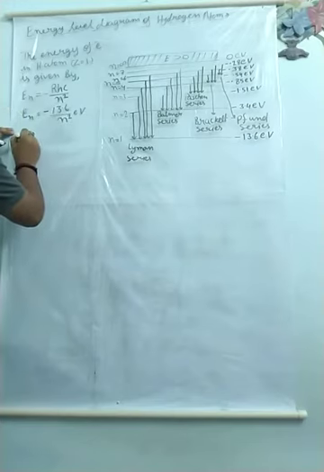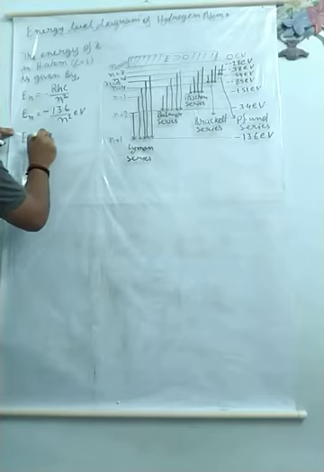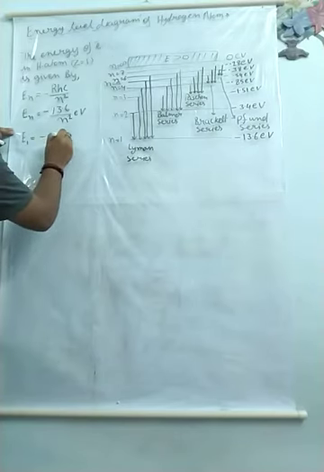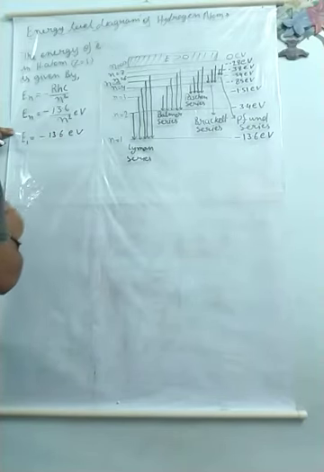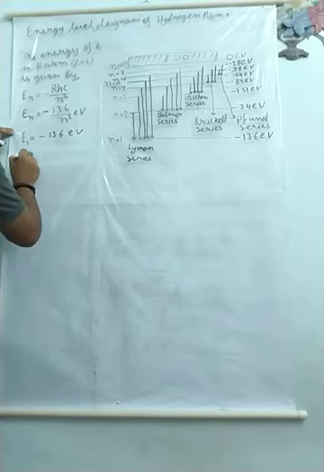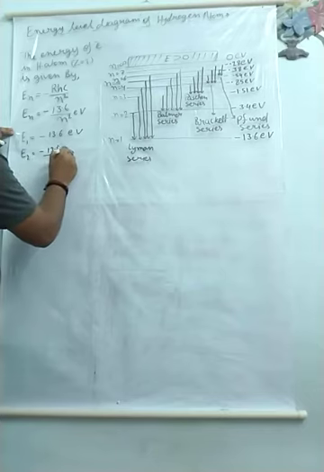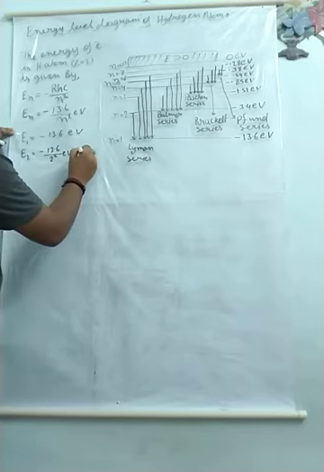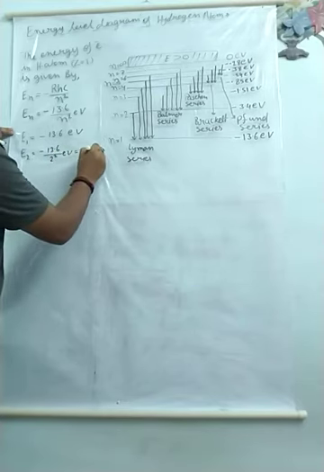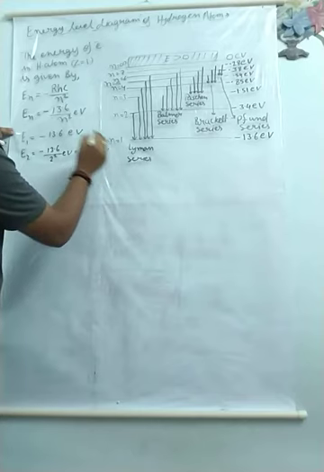So we get that E1 is minus 13.6 electron volt. For n equal to 2, we get minus 13.6 upon 2 square, which is calculated as minus 3.4 electron volt.